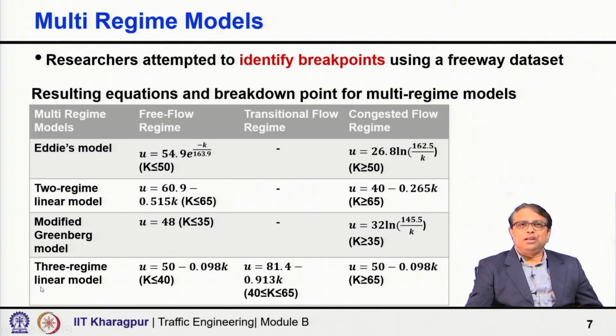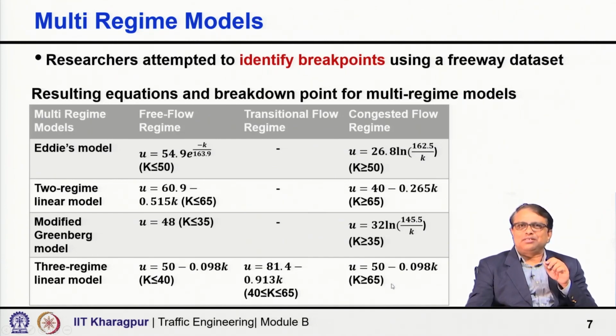In one case here, also a similar model, modified Greenberg's model, and three regime linear model. Here also the whole range was divided into three portions or segments: one for free flow regime, one linear equation like the Greenshields equation for the congested flow regime, and one for the transitional flow regime. So, three different equations.